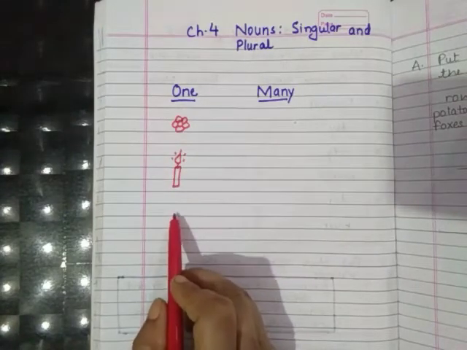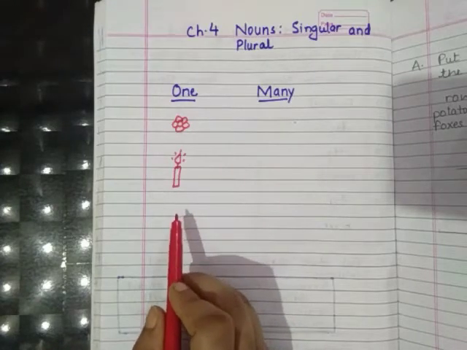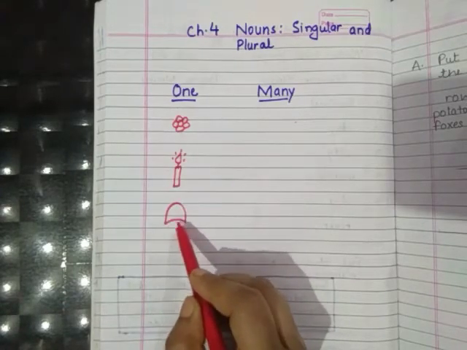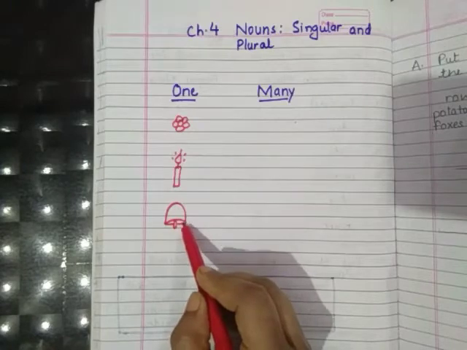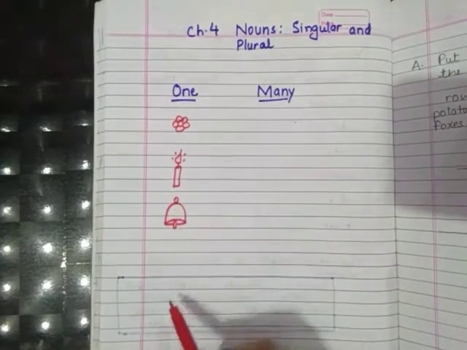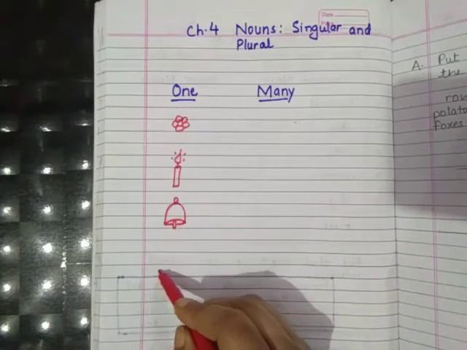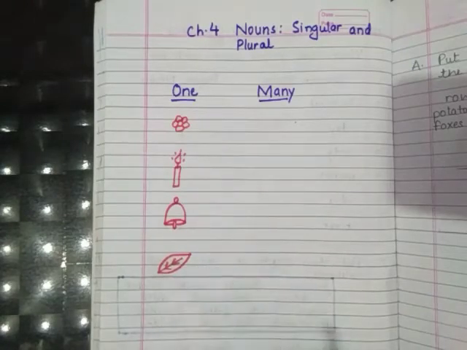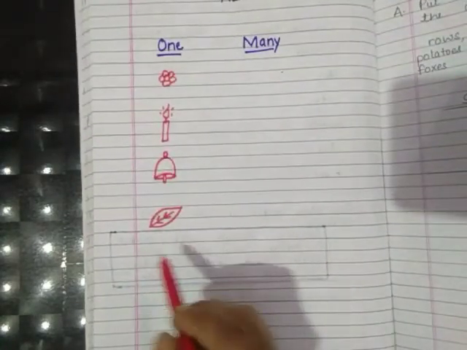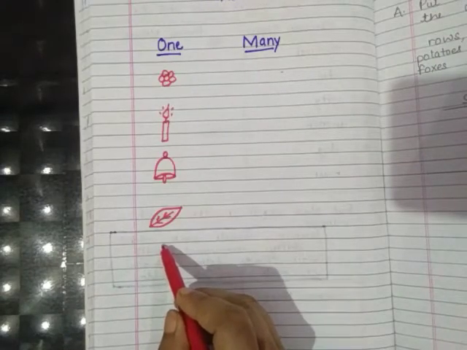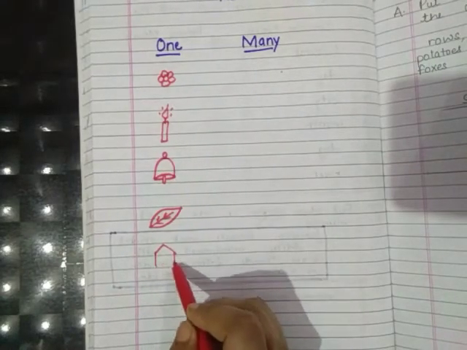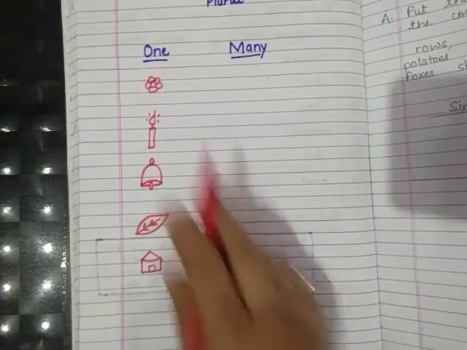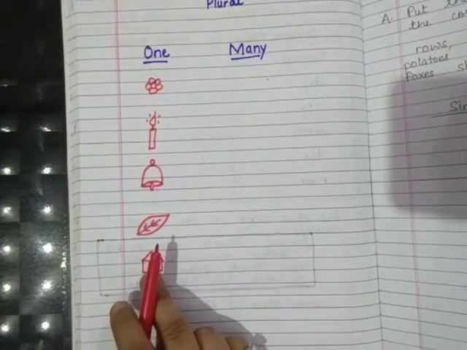Now I'm going to draw a bell. Now I'm going to draw one leaf. And at last I am going to draw a hut. Okay, now these are one in number in the one column.